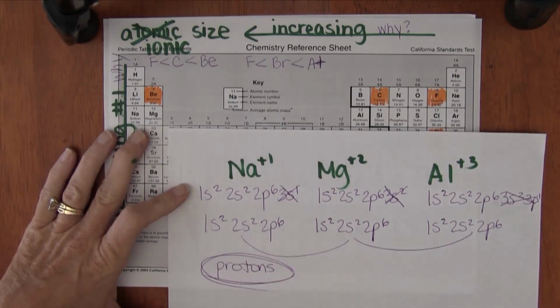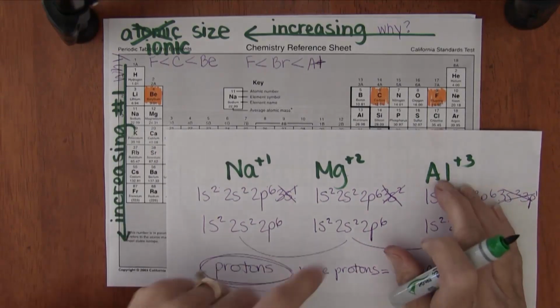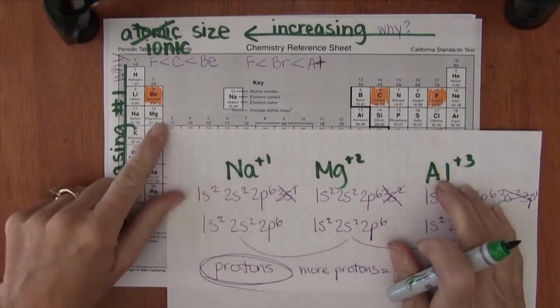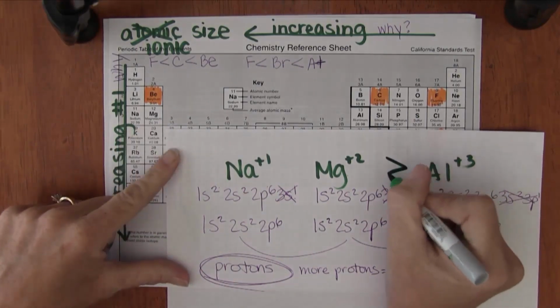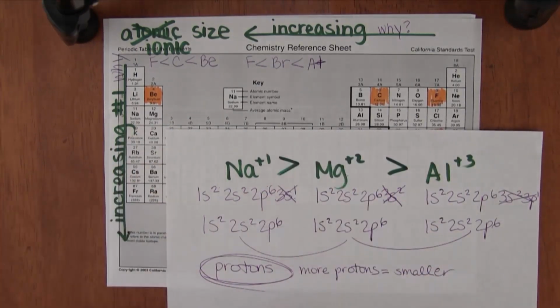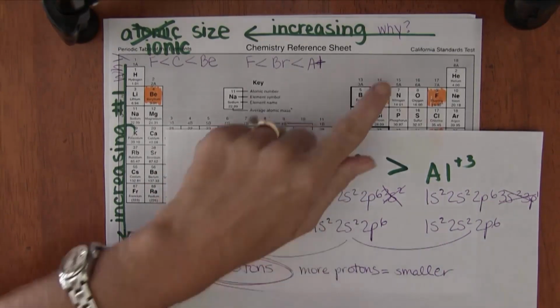So I'm going to look at number of protons. More protons, when you have a tie like this, equals smaller. So looking at that, aluminum has 13 protons, magnesium has 12, sodium has 11. That means aluminum is going to be smaller than magnesium, which is smaller than sodium. And that's how you'd rank it. You can just follow the arrows.